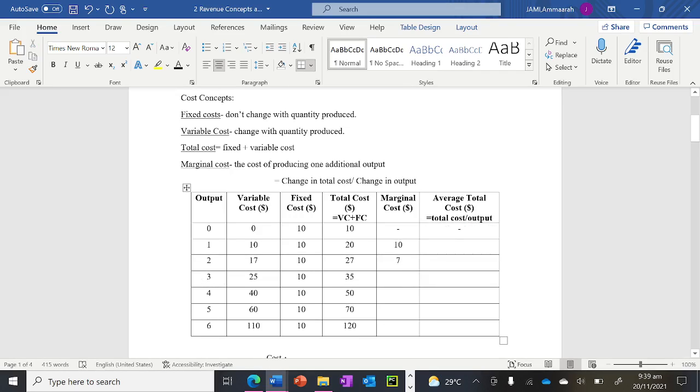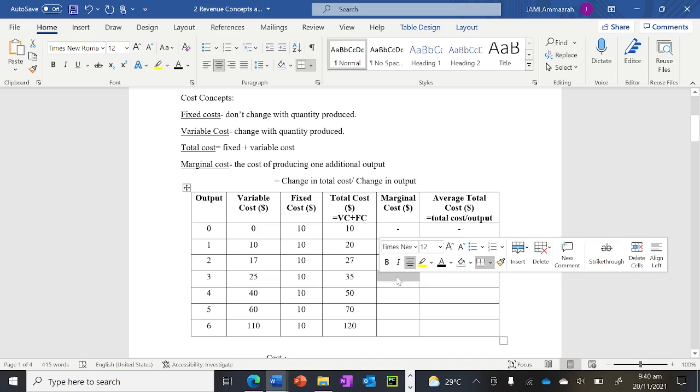Always remember that marginal means additional. So going from 2 to 3, the cost changes from 27 to 35, so you subtract: 35 minus 27 gives you 8.